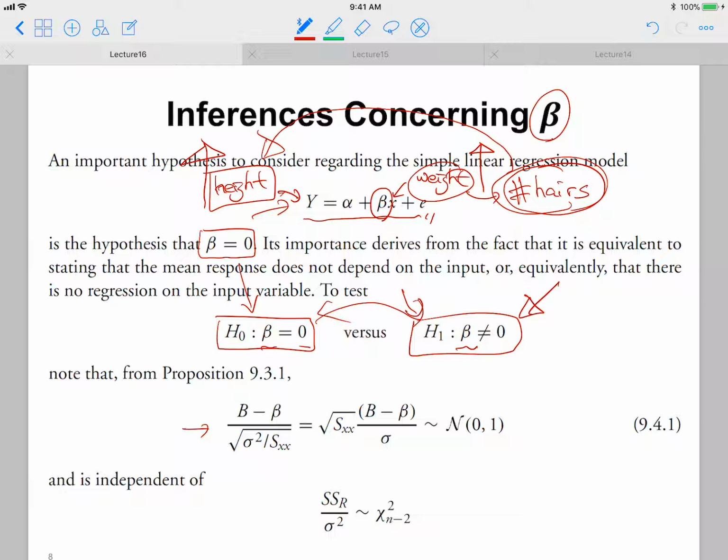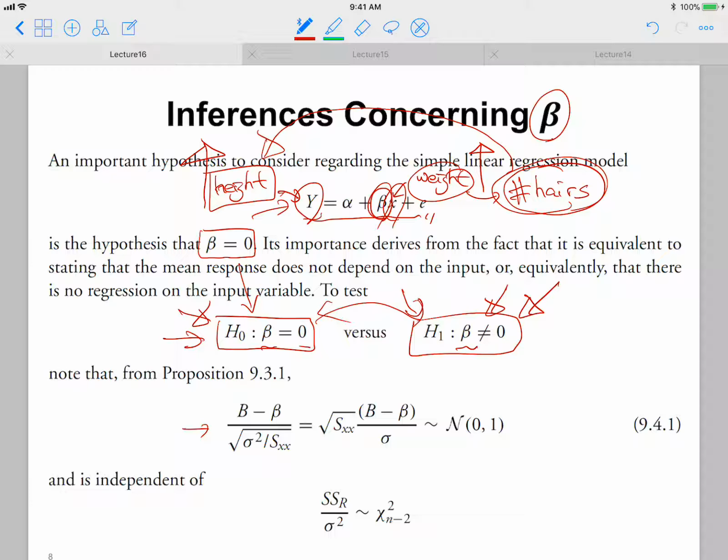So this hypothesis testing is trying to answer whether y is influenced by different values of x. That is the meaning of the first, our null hypothesis, in this scenario. And then the second hypothesis is the opposite case.